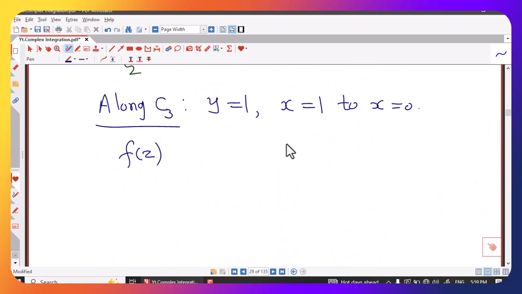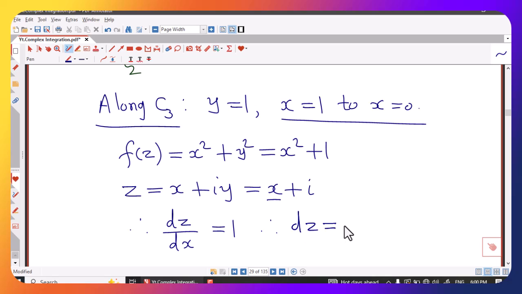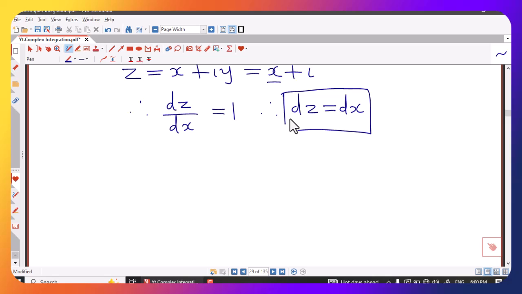Here we have y equal to 1, so y becomes constant and we will have a function of x, that is x square plus 1, and we will consider x from 1 to 0. Similarly z is x plus iy, y is 1, so we have x plus i, and if we find the derivative of z with respect to x, we have the derivative of x is 1 plus 0, therefore we will replace dz by dx. F of z is x square plus 1, limits of x are from x equal to 1 to x equal to 0.